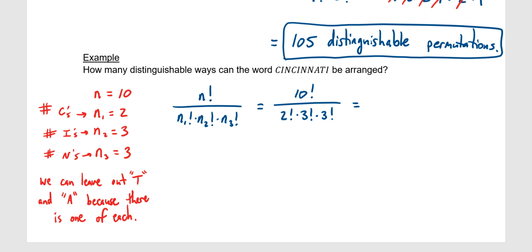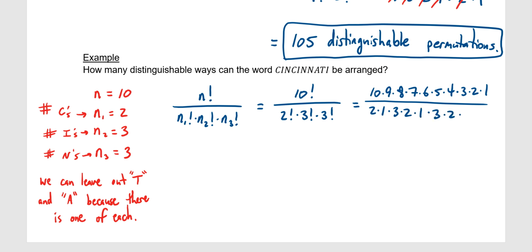And if we go ahead and write all of this out, that's going to be 10 times 9 times 8 times 7 times 6 times 5 times 4 times 3 times 2 times 1. And in the denominator, 2 factorial is 2 times 1, 3 factorial is 3 times 2 times 1, 3 factorial is 3 times 2 times 1. So let's go ahead and cancel things out here. So let's cancel out 3, 2, 1 with 3, 2, 1.